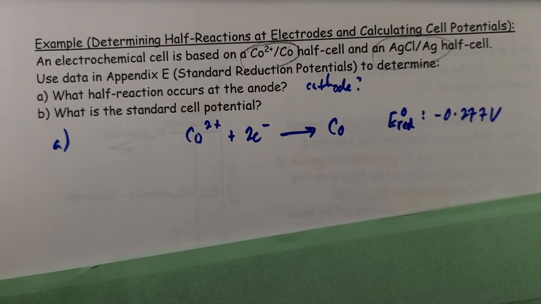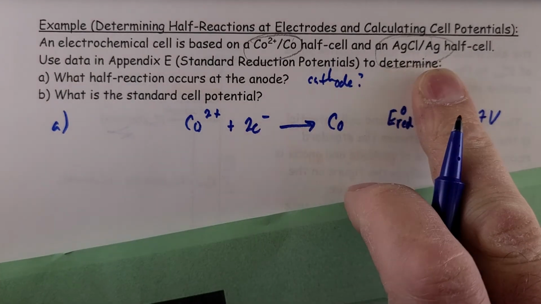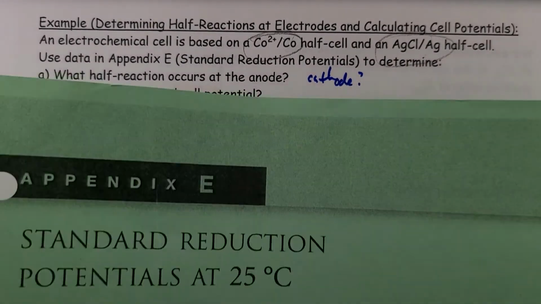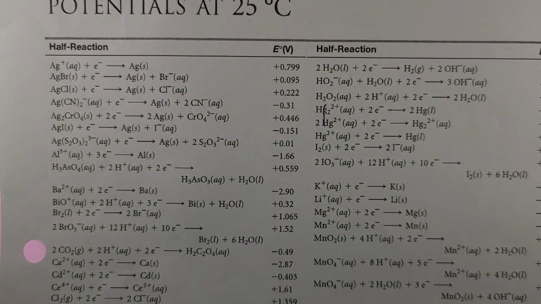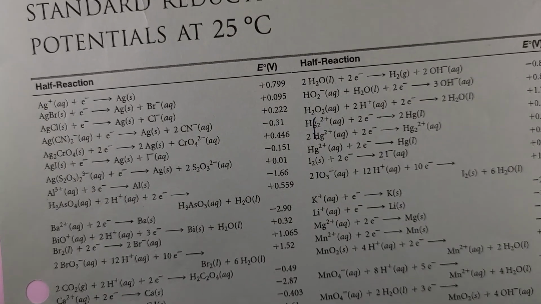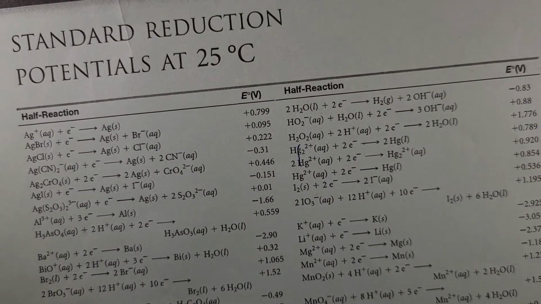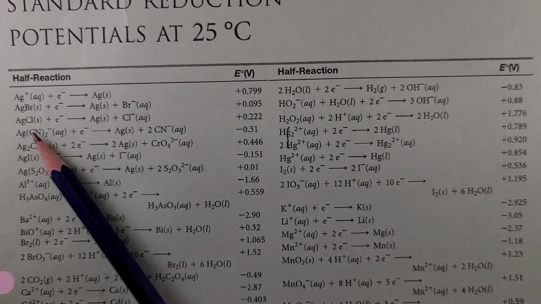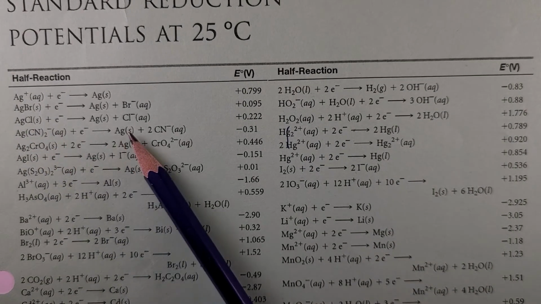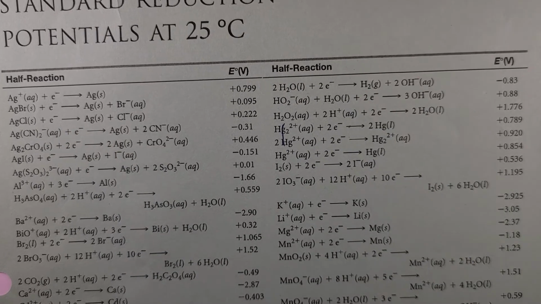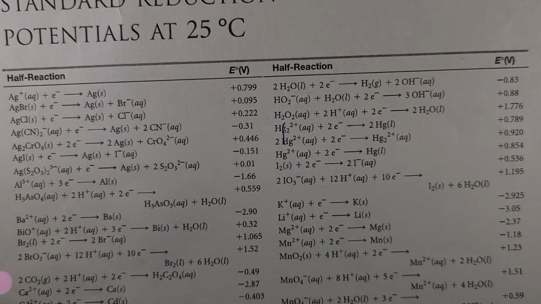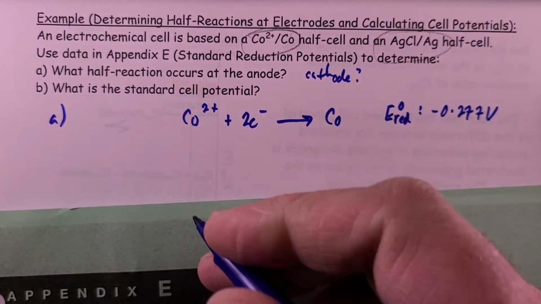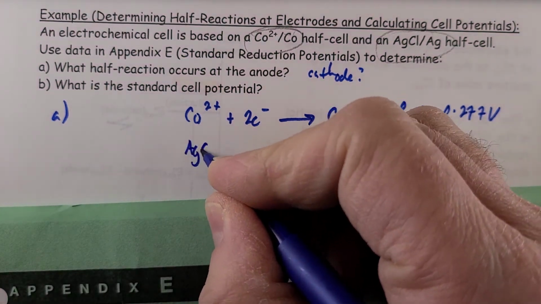Okay, and the other one's kind of a weird one. Silver chloride and silver. Well, that's this one up here, I believe. So we have it right there. Silver chloride plus 1 electron gives us silver and chloride minus.